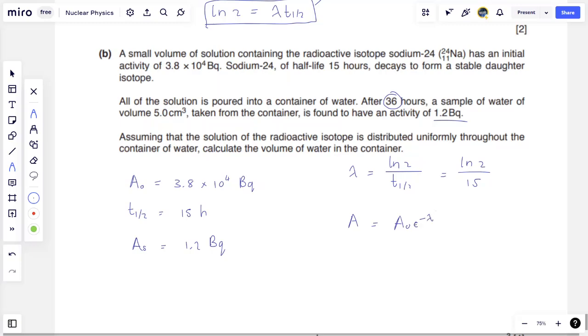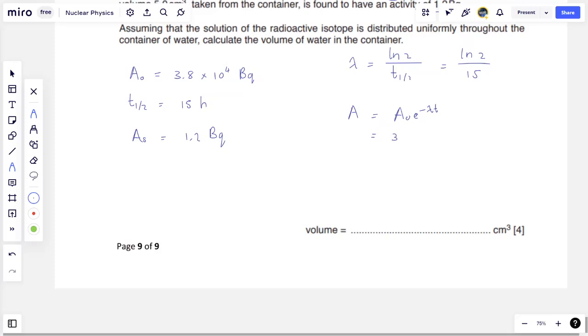Look, I understand there may be other ways to answer this problem, but I'm trying to do it as step by step as possible. The initial activity of the sample was 3.8 times 10 to the power 4. This is going to be multiplied by the natural base e to the power minus 36, which is the time t, 36 hours, times the natural log of 2, which I get from lambda. All of this divided by 15.